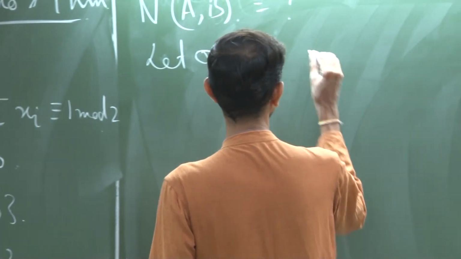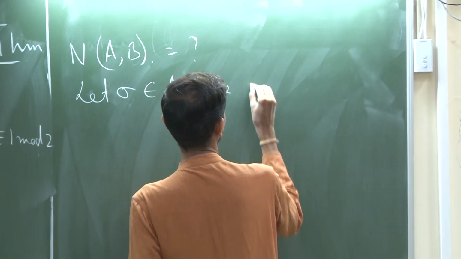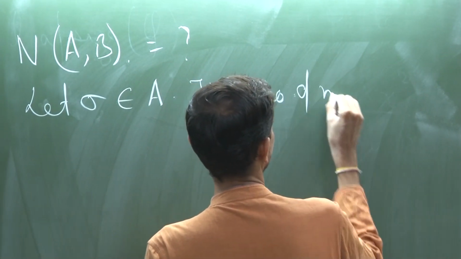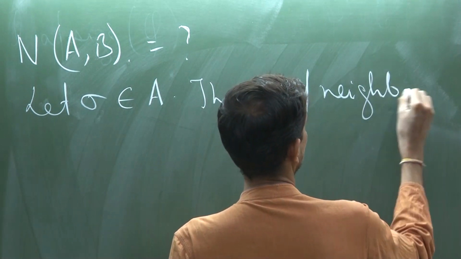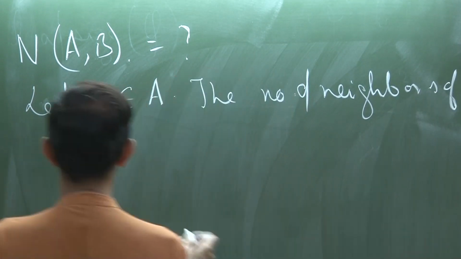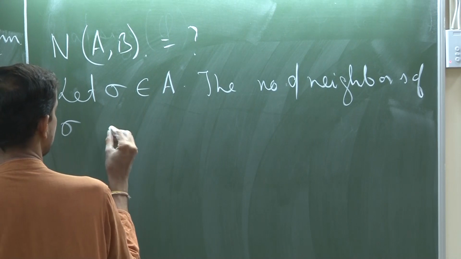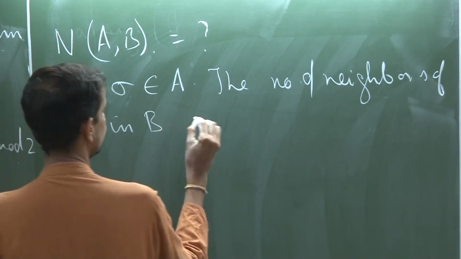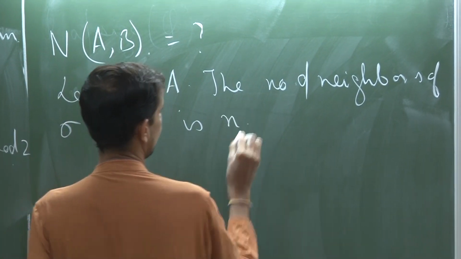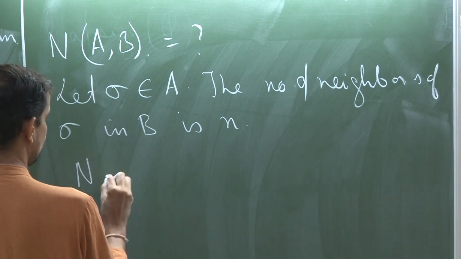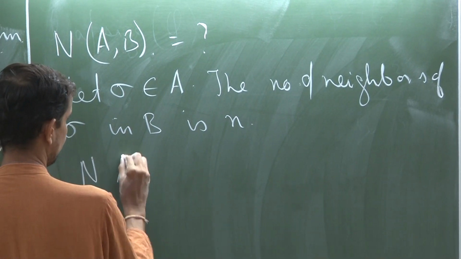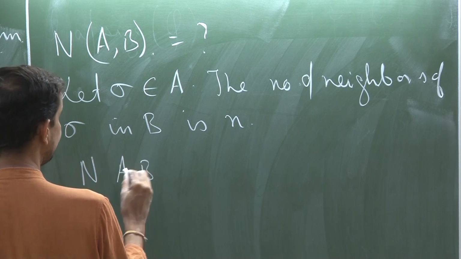So, let sigma be in A; the number of neighbors of sigma in B is n.